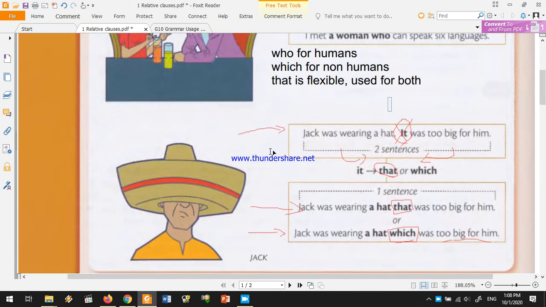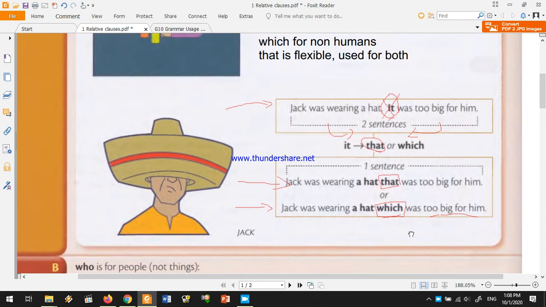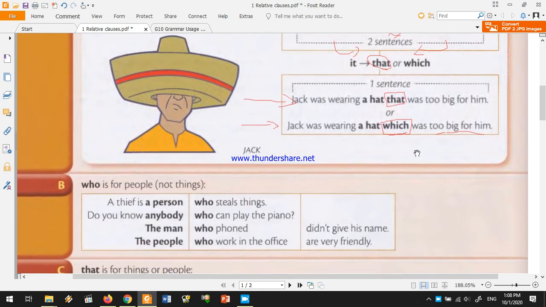With the example of Jack wearing a hat, we can say Jack was wearing a hat that was too big for him, or which. Which is used for non-human objects, and also we can use that which is used for both.